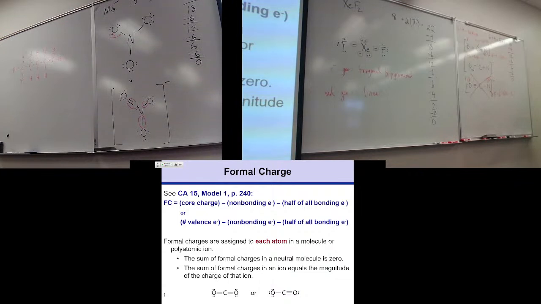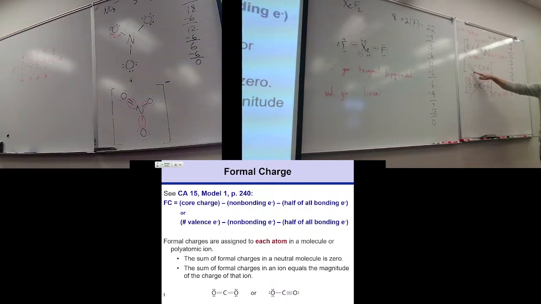Do you have a question? I'm just like, so we want the smallest formal charge, or? So if I had a resonance structure up here that was 0, 0, 0 everywhere, that's the best one. But if all of them have some formal charge on it. This one has a -1 here.